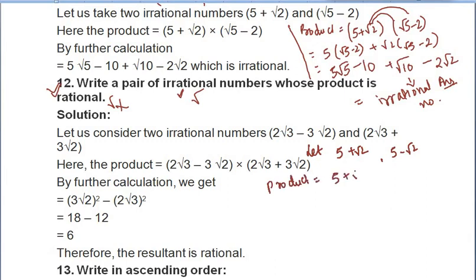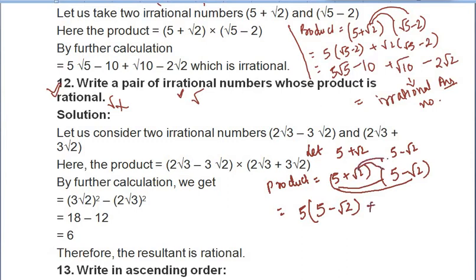5 plus under root 2 and here 5 minus under root 2. So this 5 will multiply with 5 and minus under root 2. So 5 into 5 minus under root 2 and then plus this under root 2 will also multiply with 5 minus under root 2.